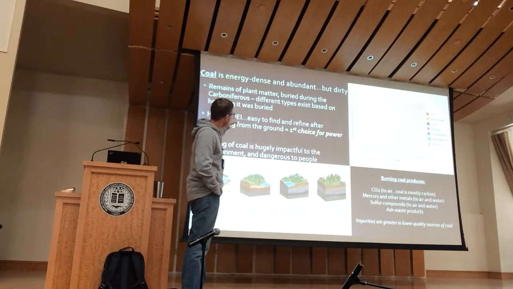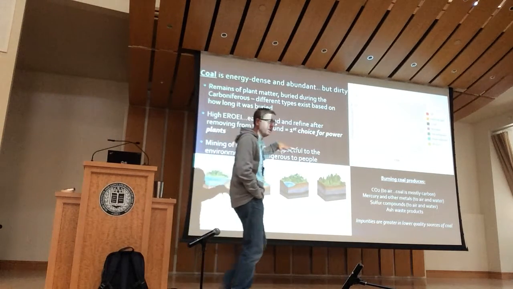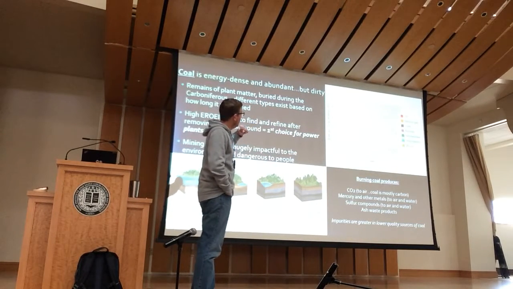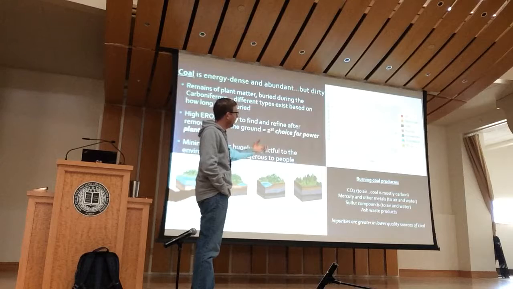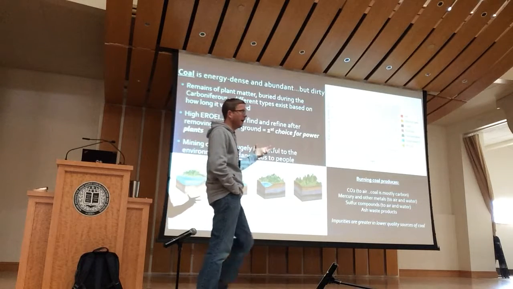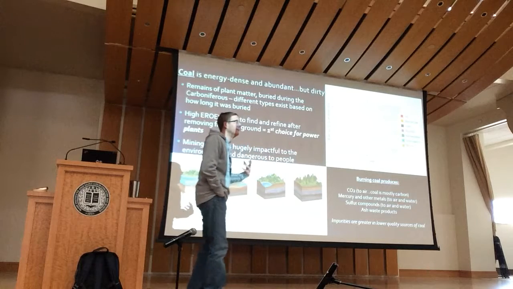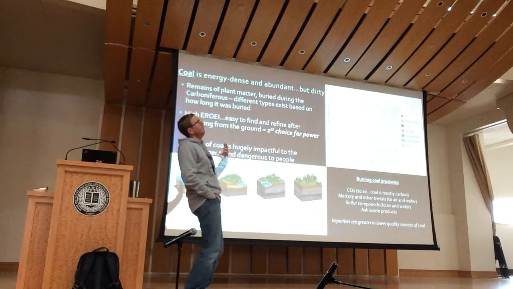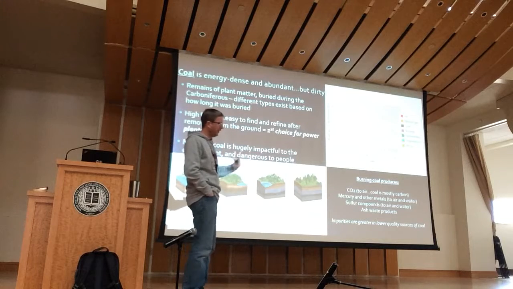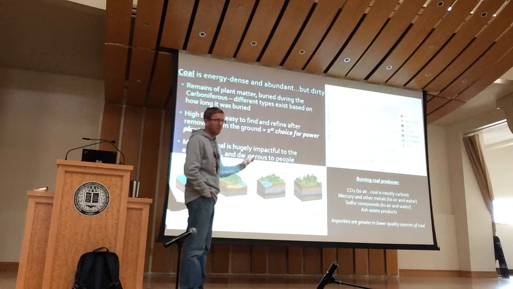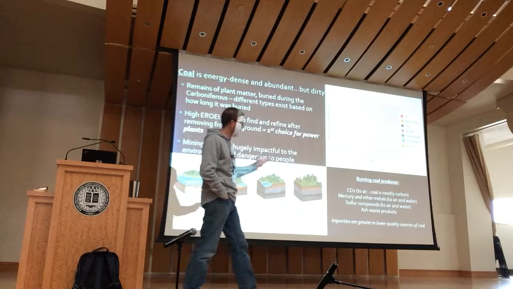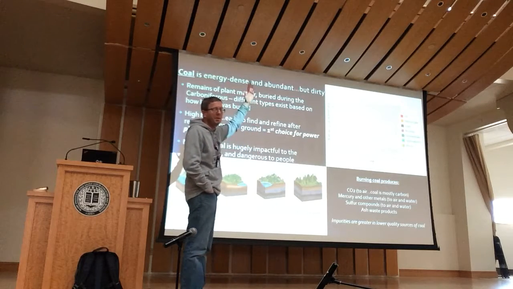It is the first choice for power plants, although that's been changing with the increasing supply of natural gas. Coal-fired power plants have actually been converted in some cases. I don't want to get overly political, but when the current administration came in, there was talk of revitalizing the coal industry because it was struggling a little because natural gas was kicking its butt, and a lot of people came back and said we already changed.